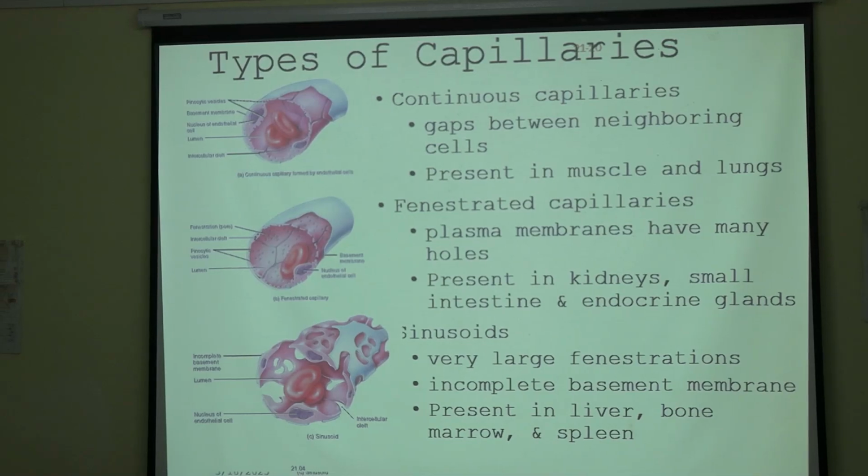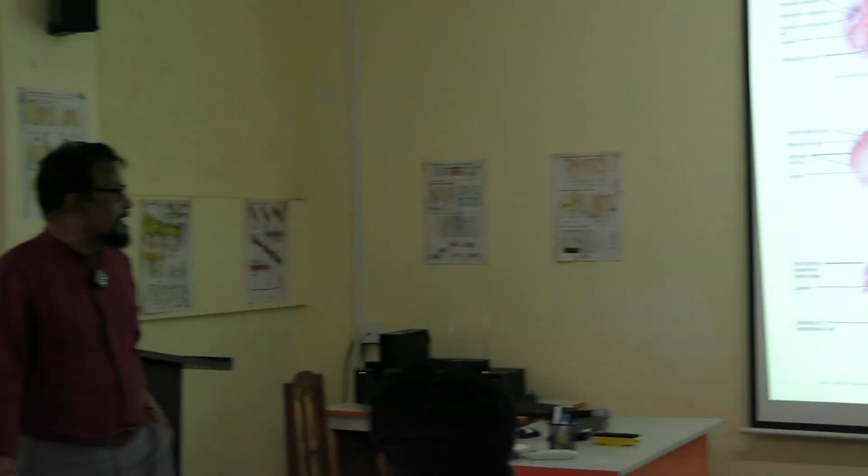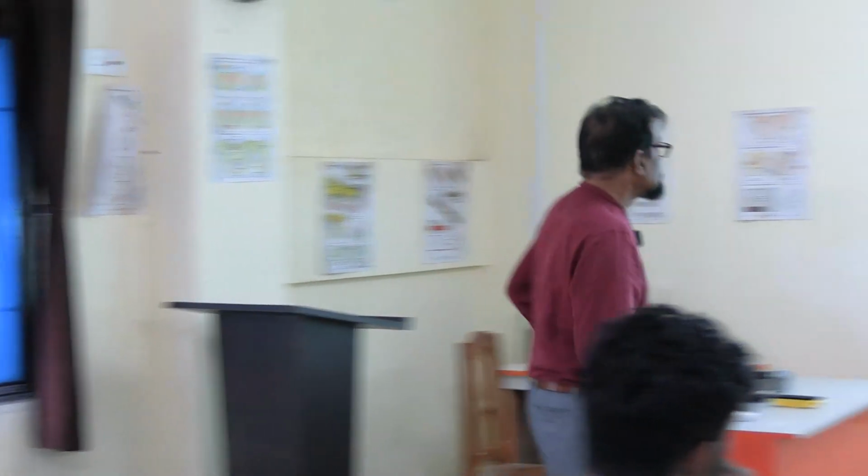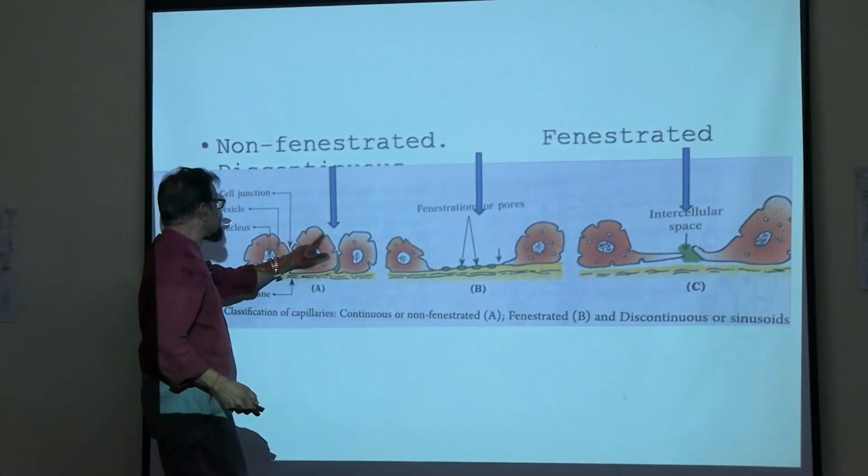The other type is sinusoids. The liver is a good example, with liver sinusoids in between the hepatic cells, the hepatic rows. Also in bone marrow, where blood cells such as RBCs are synthesized, you will find sinusoids. This is the last type of capillary. For example, here are the pores.